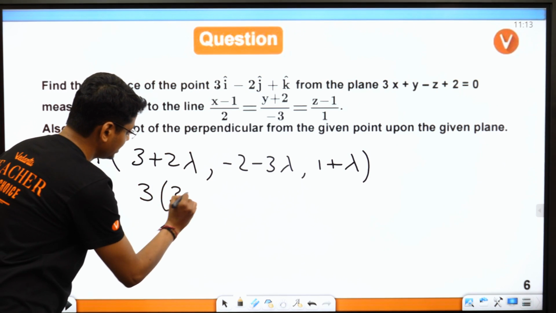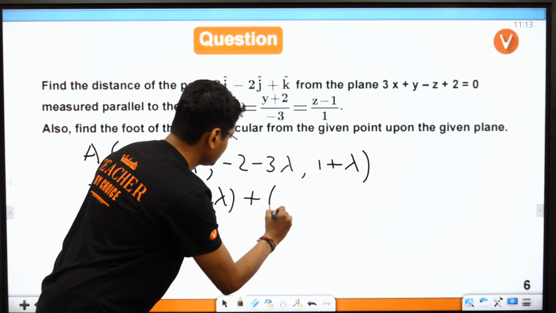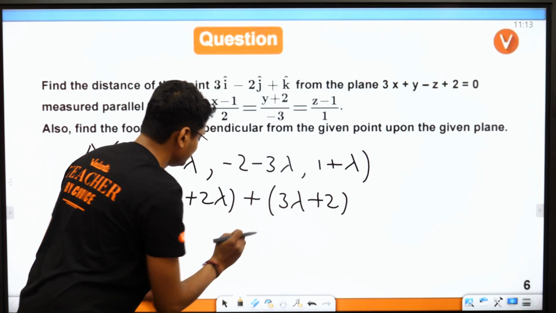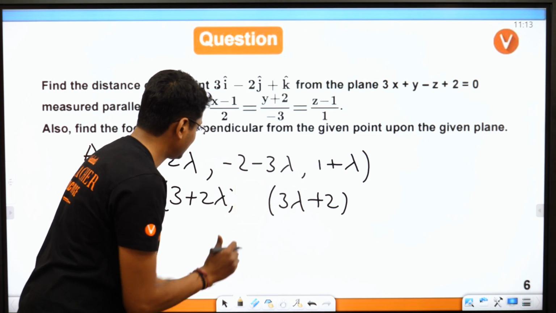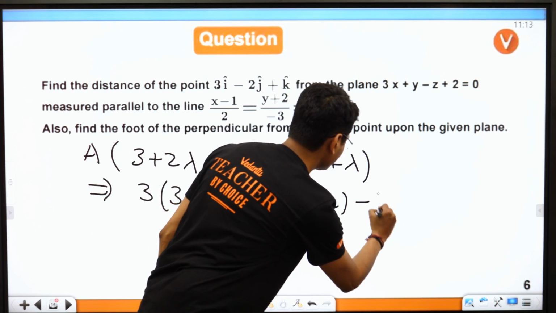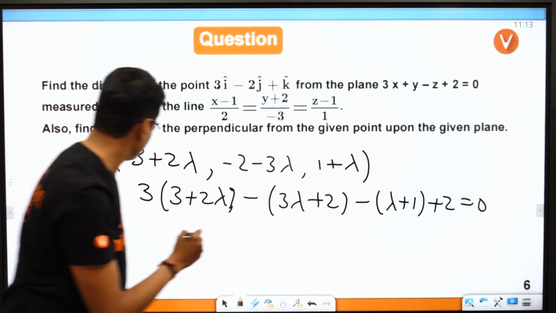3 times 3 plus 2 lambda plus 3 lambda plus 2, and I can take minus outside, minus lambda plus 1 plus 2 equal to 0.